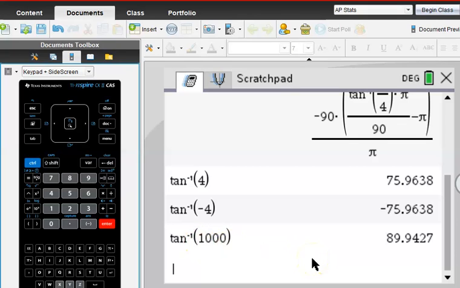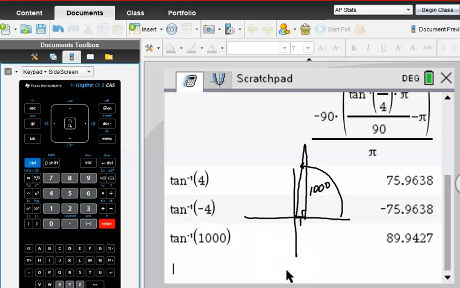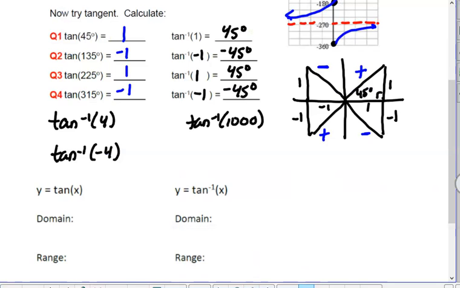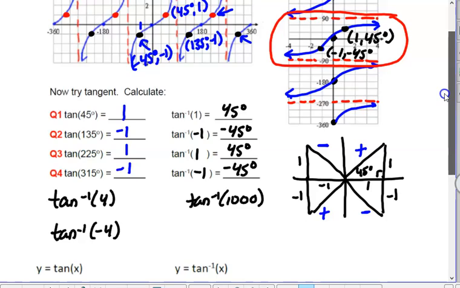Now notice, tangent is opposite over adjacent. So if I have a very small adjacent side and a very big opposite side, so here's my right triangle, and this is 1 and this is 1,000, this is going to correspond to an angle that's very close to 90 degrees. So this fits what we said here.